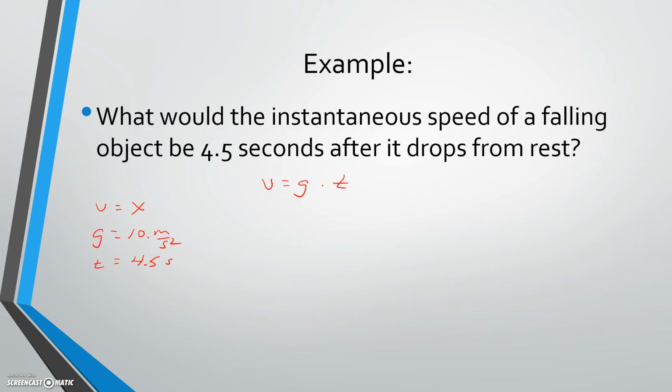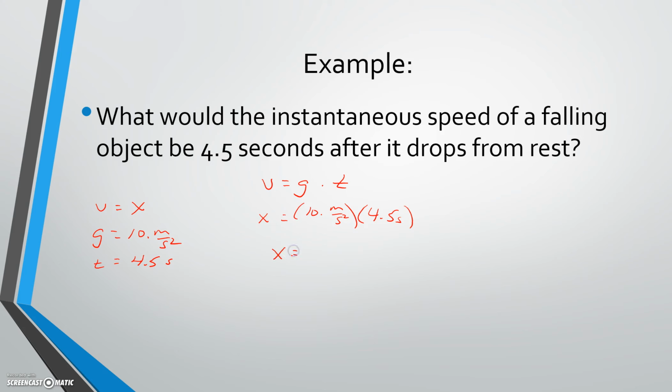Now we'll substitute those values into our equation. So we're trying to solve for our velocity. We'll plug in 10 meters per second squared for our acceleration. We'll plug in 4.5 seconds for our time. Notice that one of the seconds will cancel out and we're going to be left with meters per second for our units.